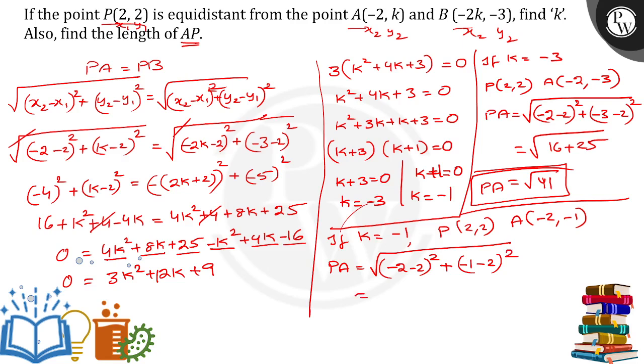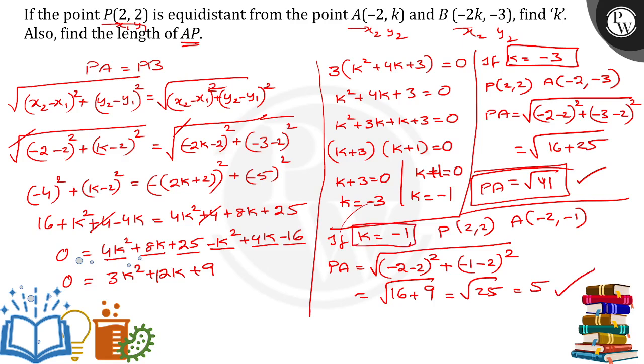Right. So 4 square is 16 plus 9, so square root of 25 is equal to 5. Okay. So if k equals minus 3, then the PA value is root 41. If the k value is minus 1, then the PA value is equal to 5.